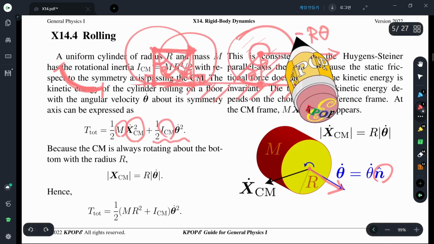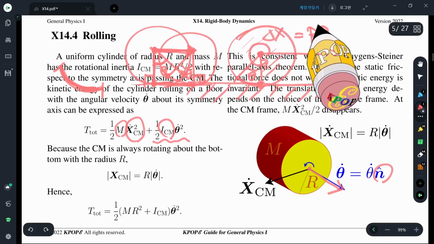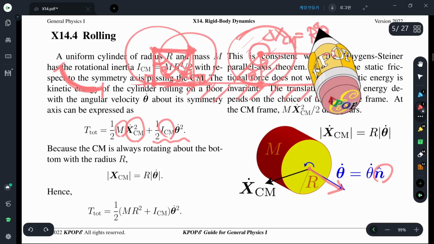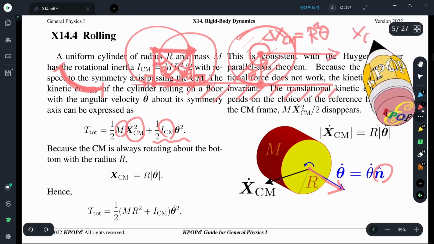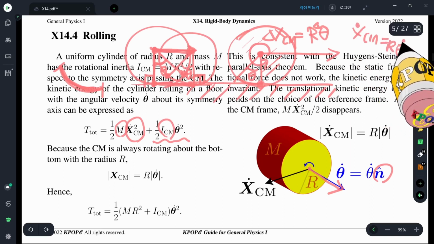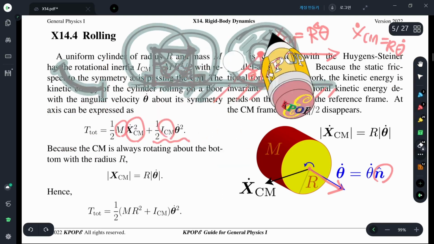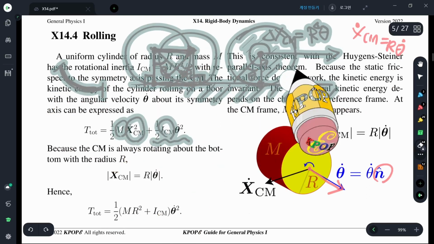So r delta theta is delta x_cm. So x_cm dot should be r theta dot. After knowing this constraint, we can do many things.